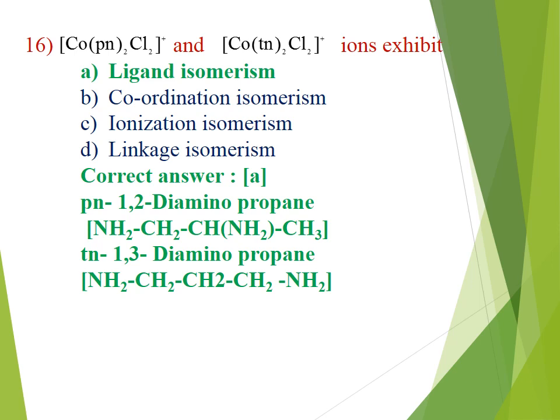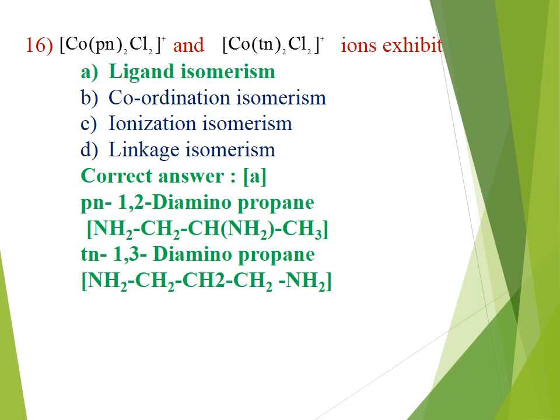Question number 16. Co(pn)2Cl2 plus and Co(tn)2Cl2 plus ions exhibit: here it is an example of ligand isomerism. Therefore option A is correct.